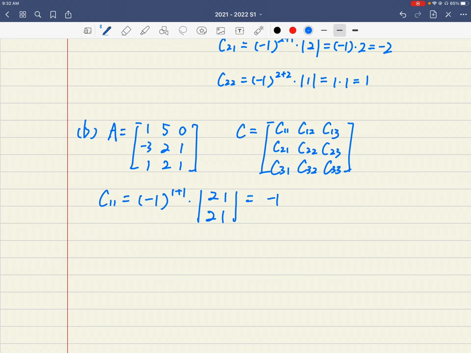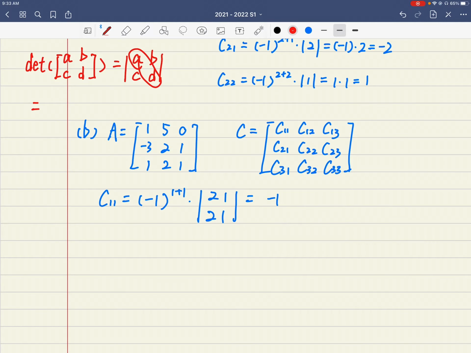Okay, and in case you've forgotten the determinant, let me write it down here. The determinant of a 2 by 2 matrix. You can either write it in this way, or you can write it in this way. These two mean the same thing. They both mean the determinant of this 2 by 2 matrix. And it's very easy.